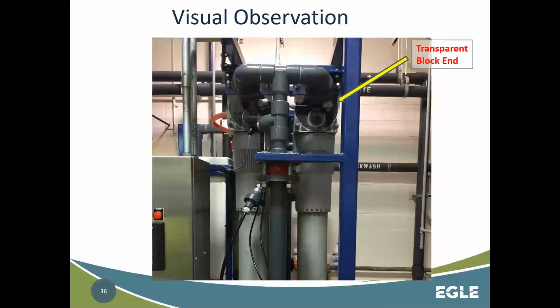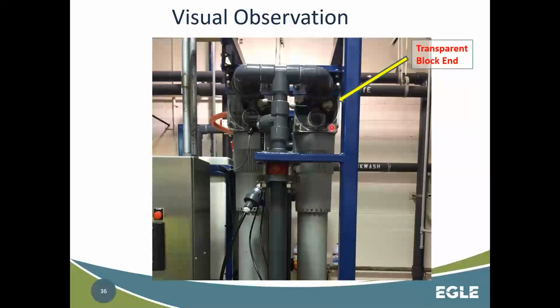Here's another style. This is a small membrane plant, but this would not be a direct integrity test, this would just be a diagnostic thing. It's a little difficult to tell, but this face or flange right here is actually a thick, transparent plexiglass. And so you can put this in an air mode, and then just with a flashlight, look in here. It's hard to see, but there's a header here, because there's maybe four or five more of these behind this one.